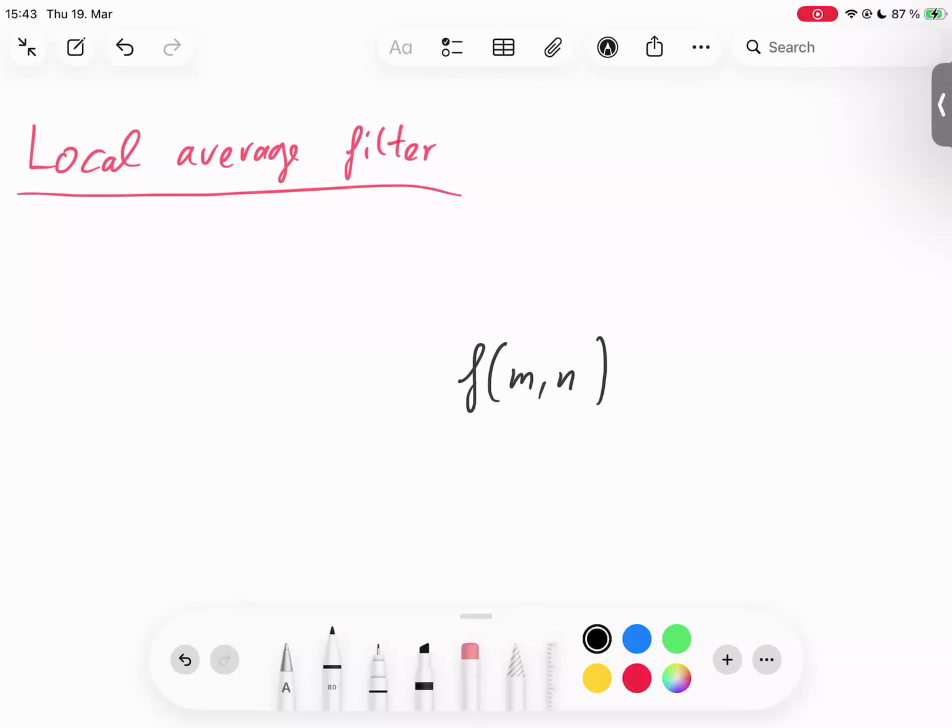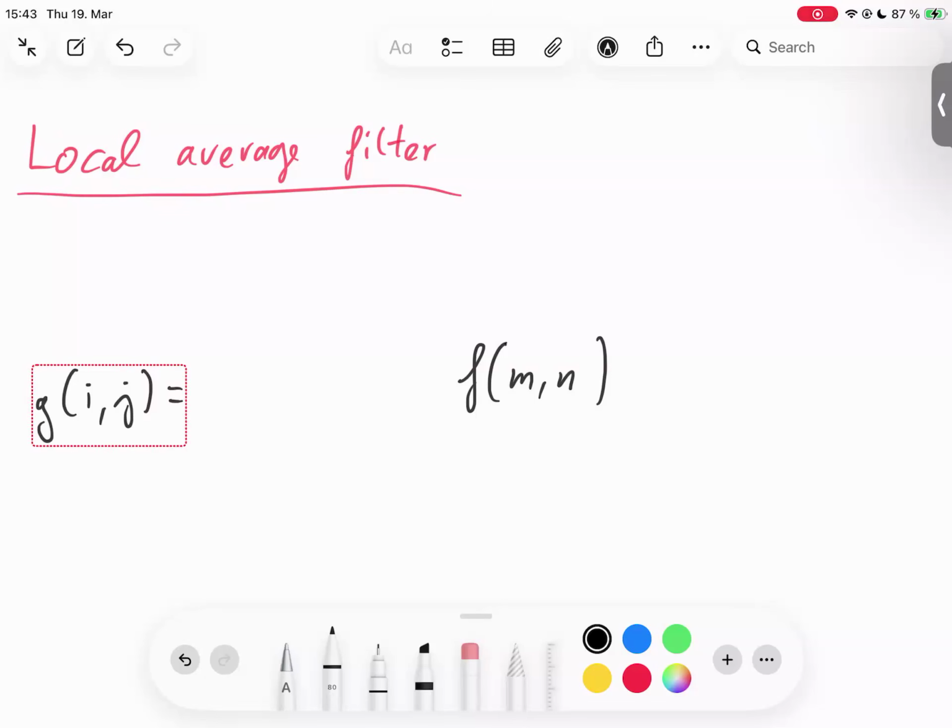And we now want to process this image to get to our result image. And our result image is G. And there we also have an index I and J. So I for the row, J for the column. Over here in F, it's M for the row and N for the column. And now I want to somehow process these pixels in some way in order to get my result.